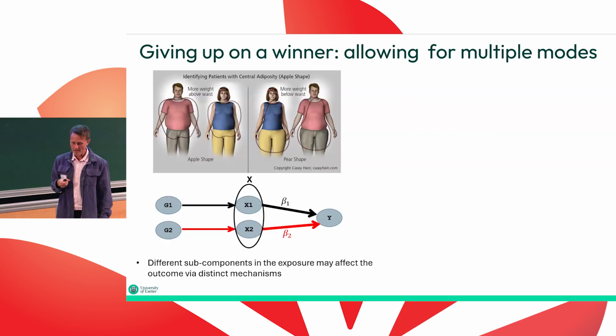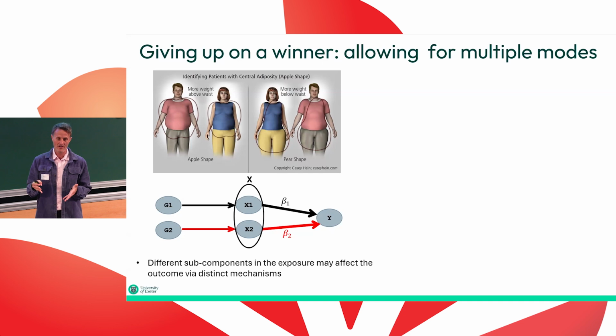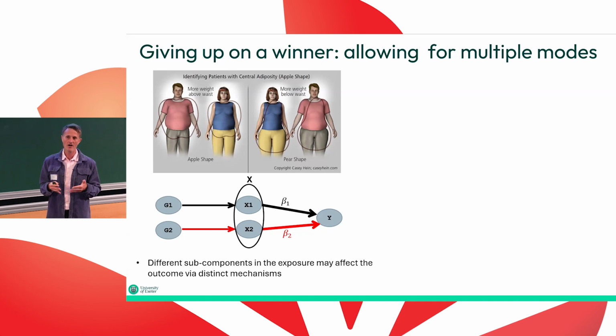Okay. Now, all the methods I've been talking about so far have been trying to hone in on a single causal effect that is measured in a data set, but often that is just too simplistic. In the case of BMI, it's been known for a long time that BMI is a very crude measure of obesity, and it matters a lot where, if you are obese, that body fat is.